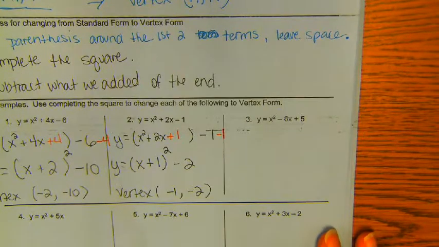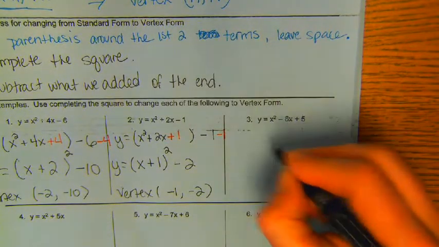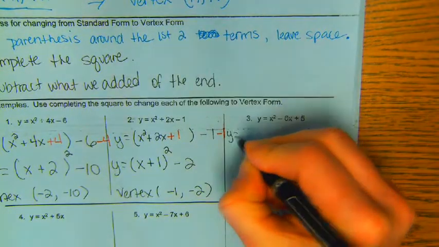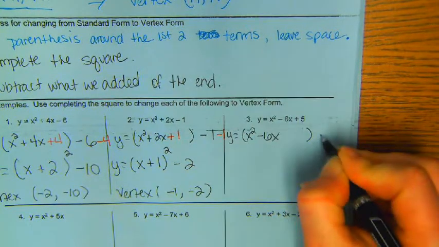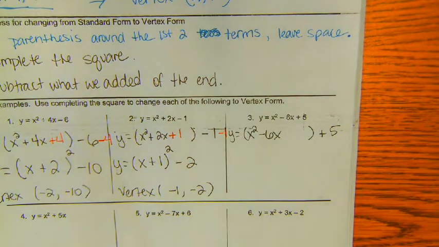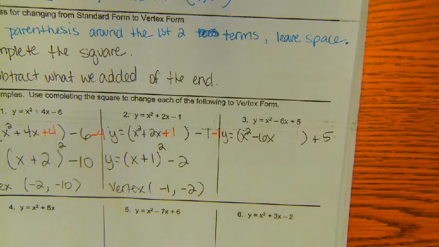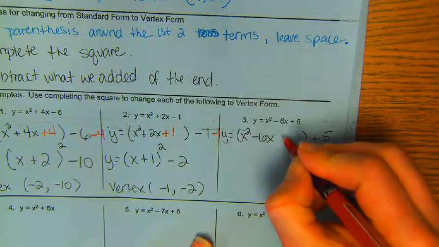Alright, here we go. We are going to put parentheses around the first terms, leave some space. Step 2, complete the square. Abby says +9.